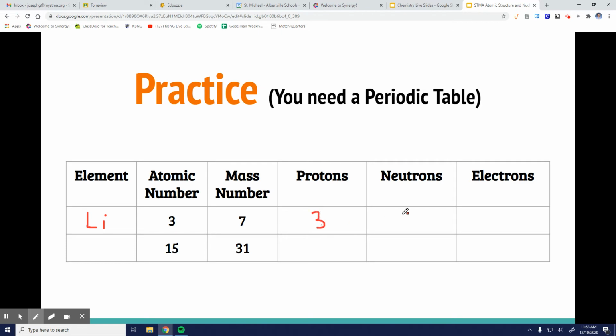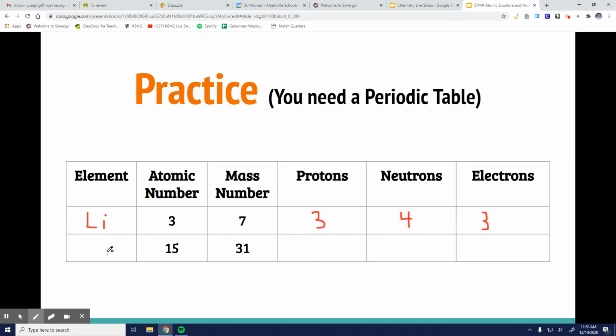If the atom is neutral, we know that the protons are going to equal the electrons, and that will give us 3 electrons. Excuse me if I said neutrons earlier. And then we know that the mass number is equal to the number of protons plus the number of neutrons. So we can take our mass number and subtract our number of protons to give us our number of neutrons. And 7 minus 3 is equal to 4.